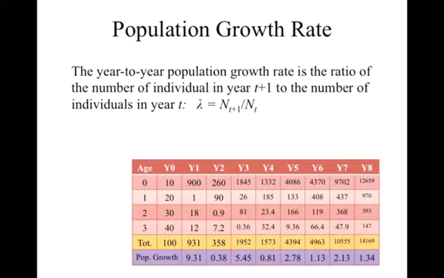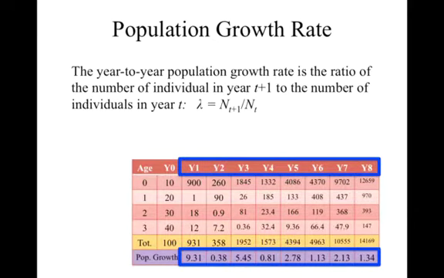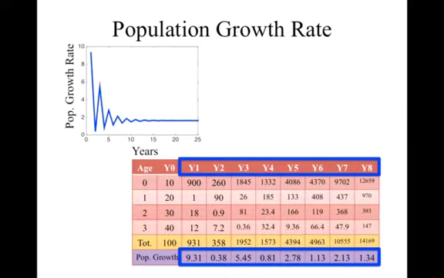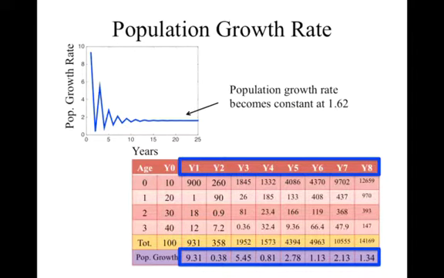So I keep doing that on and on, over and over, and it's probably not going to come as a big surprise to you, but if I look at those population growth rates through time and I make a graph, just like my age ratios, I see that the population growth rate bounces around at first, but eventually it stabilizes. It comes to a constant value, so it's the same 1 year after the next.